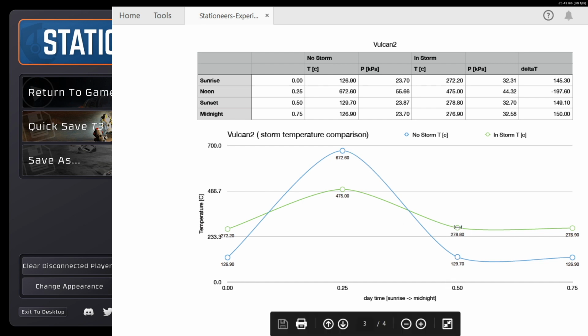Now you have to check if you have a storm. This will bring your system out of place, because as you can see, if you, for example, collect atmosphere at a storm, you have a quite significant temperature change.